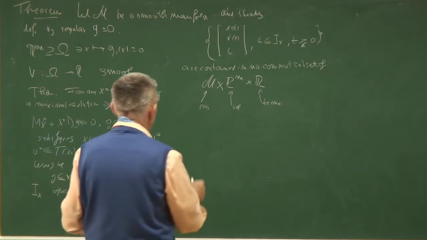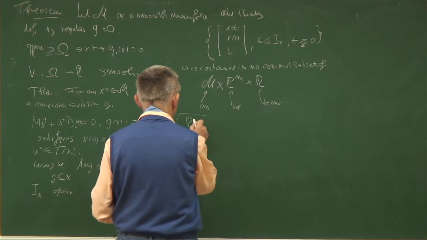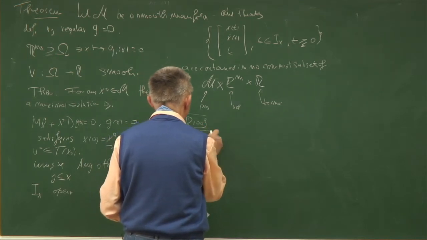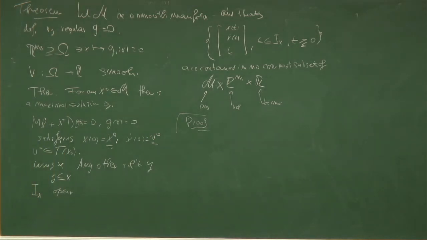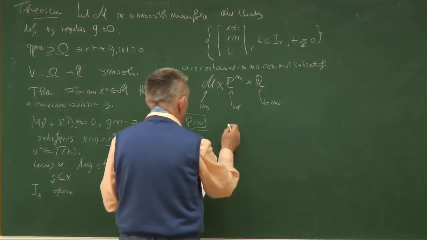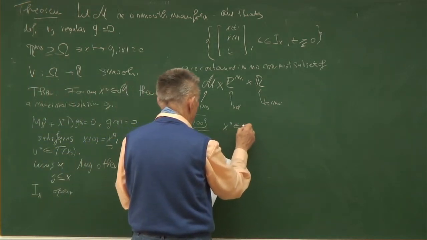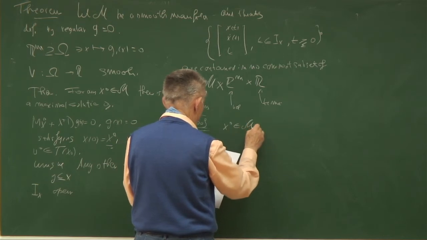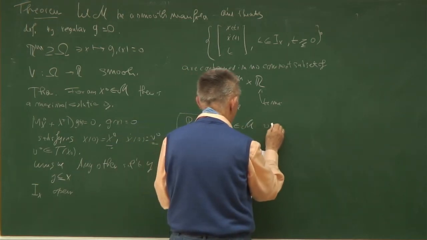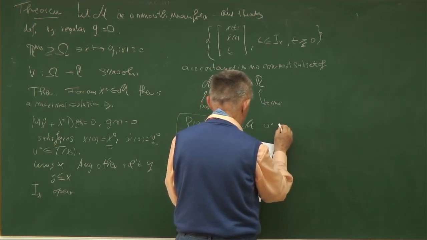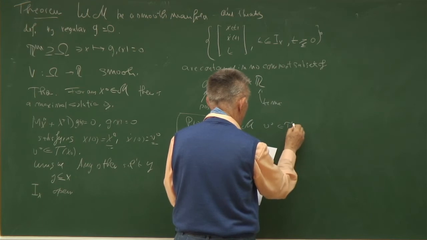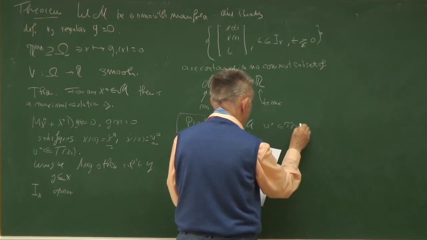Now, proof. I will just stress those points of the proof which are different from the standard ones. So, for x0 from m and v0 from t of x0.